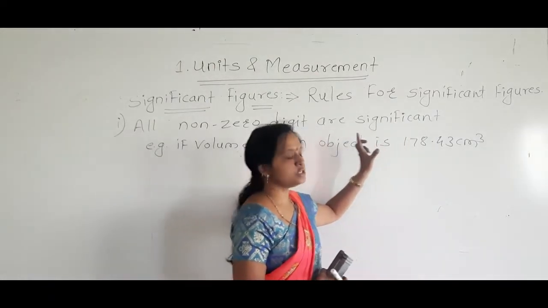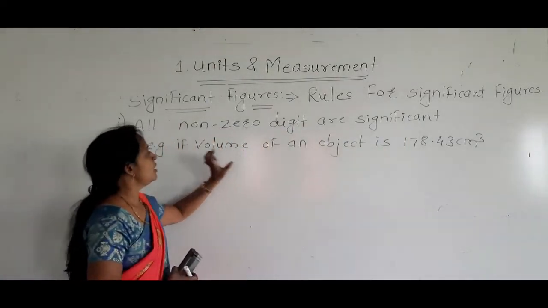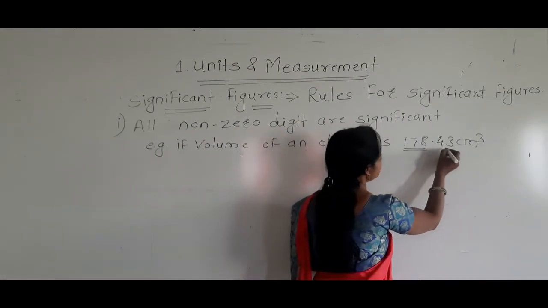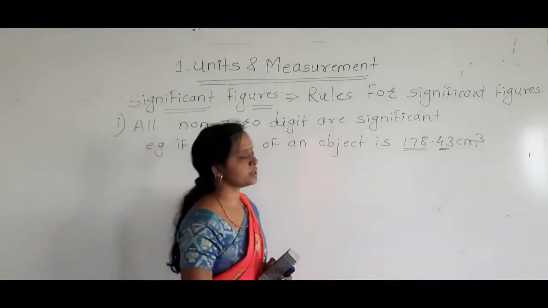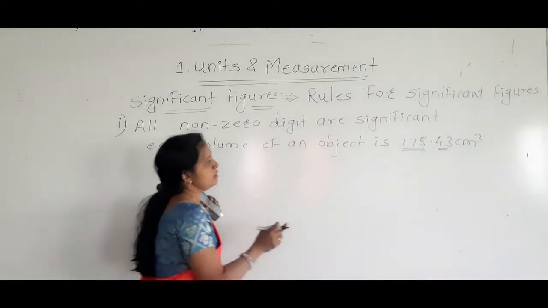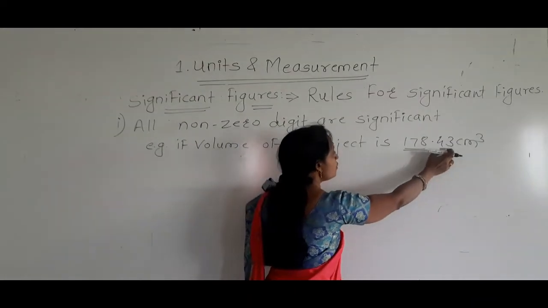Therefore count the number of digits in case of significant figures. After counting we get 1 2 3 4 5.